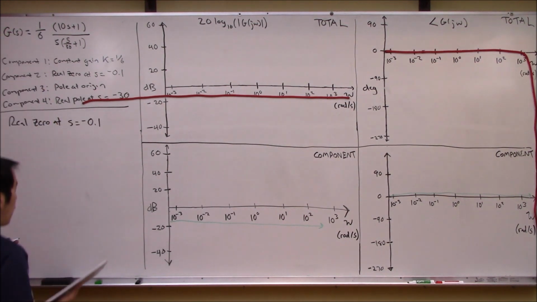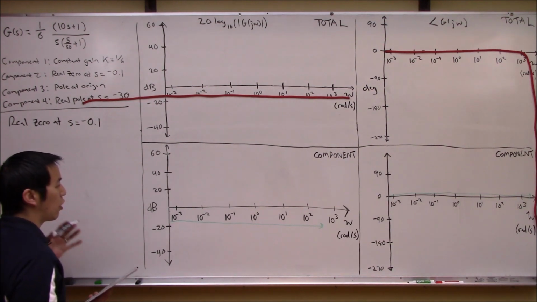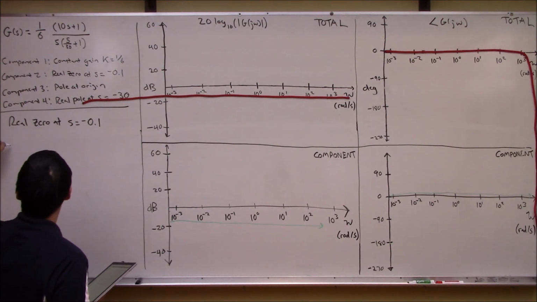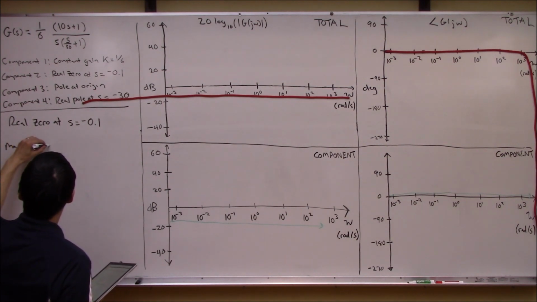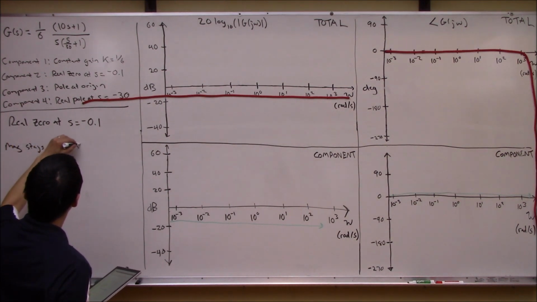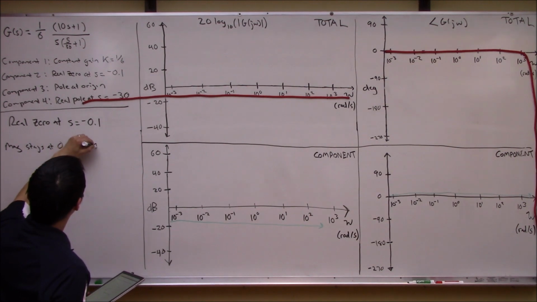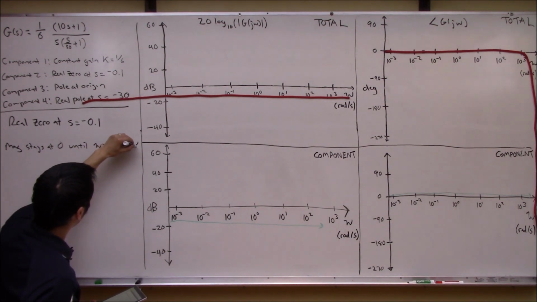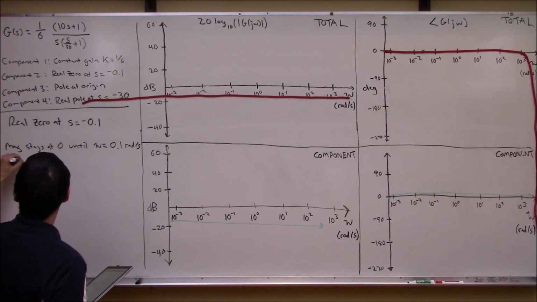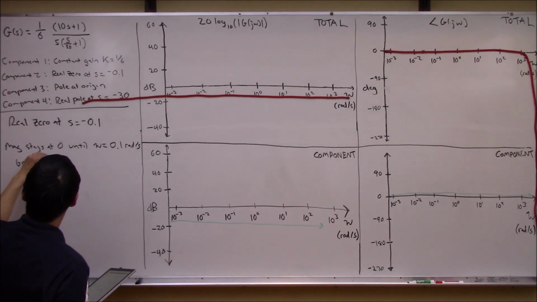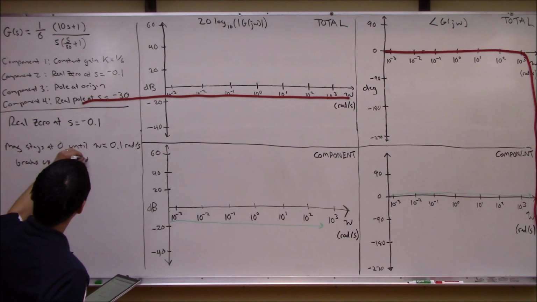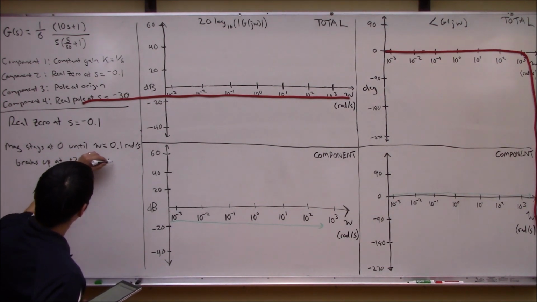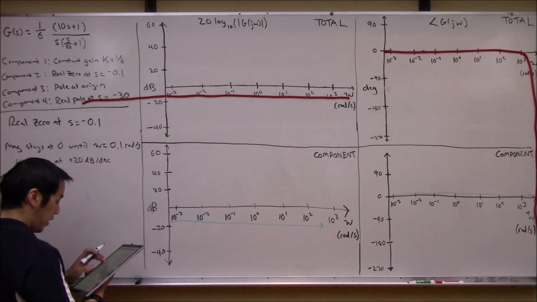If you remember, the rules for sketching a real 0 are that the magnitude stays at 0 until omega of about this 0 location, so 0.1 rad per second, and then it breaks up at positive 20 decibels per decade. That was the rule.